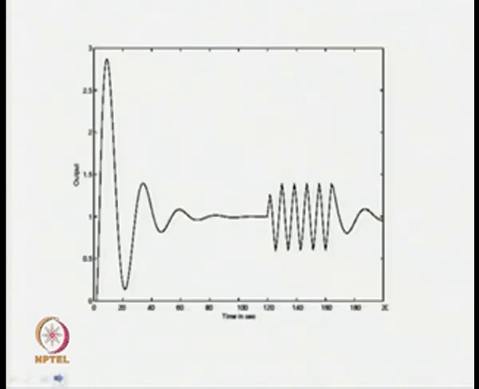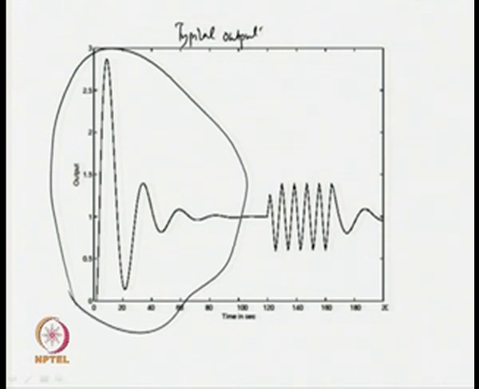Now, some typical output from the plant is shown, where this part of the output shows that the controller is in action, and normal operation of the controlled system is going on.